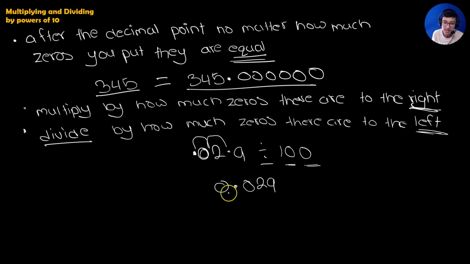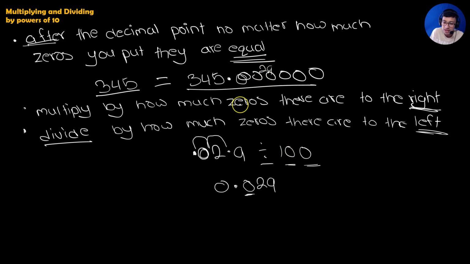Okay, and if you have a question of why aren't we just erasing this 0 here, it's because it's before the numbers. The rule says after the decimal point, meaning there are no numbers after the 0.